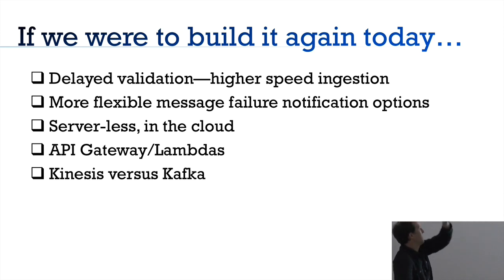So that's where you could use Kinesis potentially. So you do API gateway to Lambda to Kinesis to another Lambda to your database, and you basically have a serverless architecture just like we've built, with no servers that you have to manage.